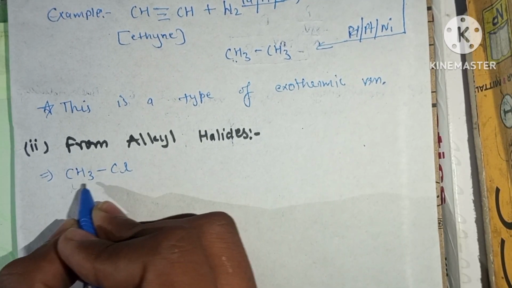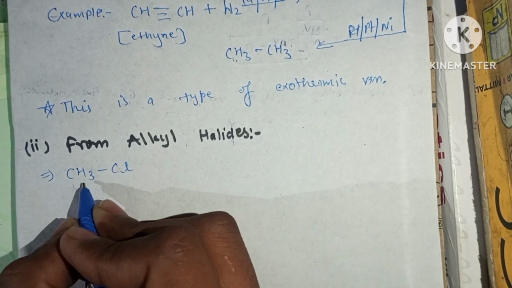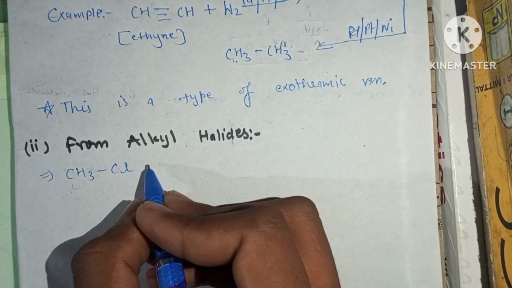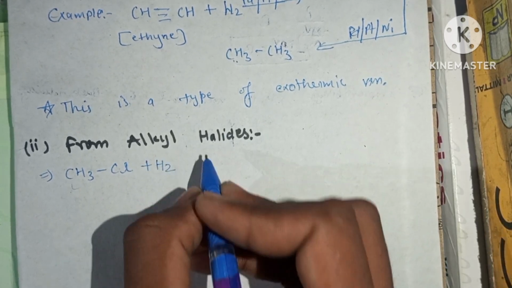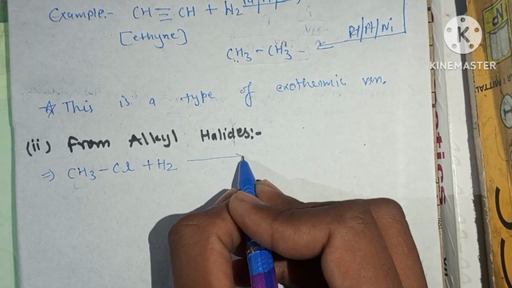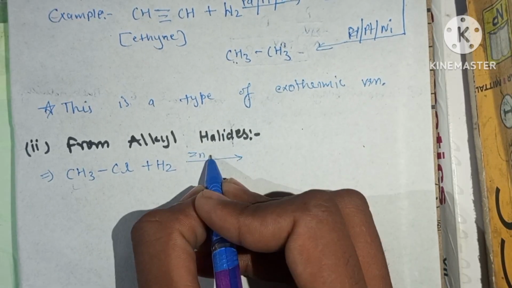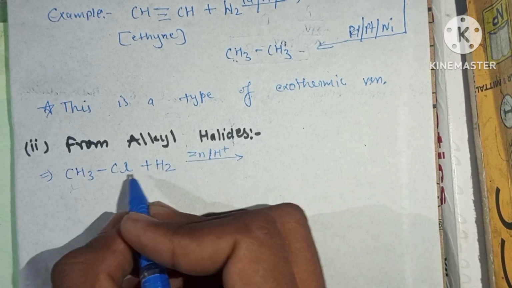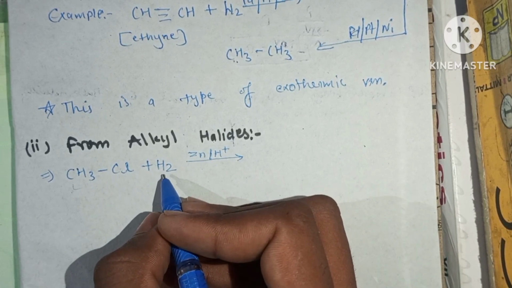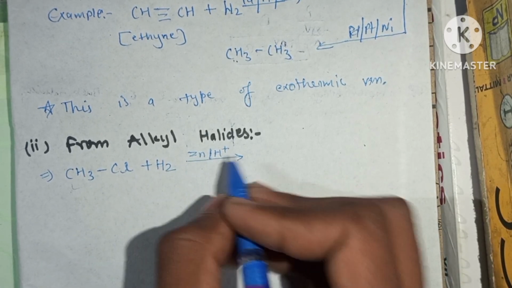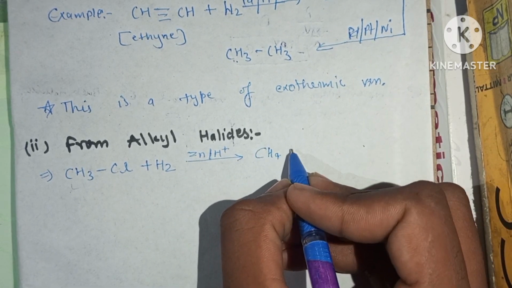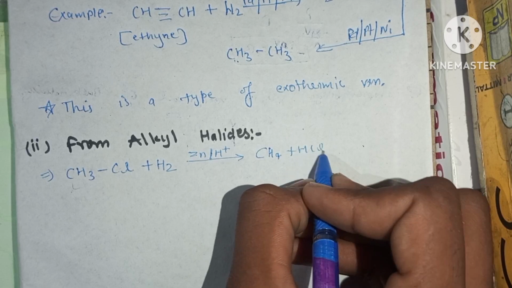A compound composed of alkyl and halogen is known as alkyl halide, plus H2 in the presence of zinc catalyst. Alkyl halides plus dihydrogen in the presence of zinc catalyst give out an alkane, CH4 plus HCl.